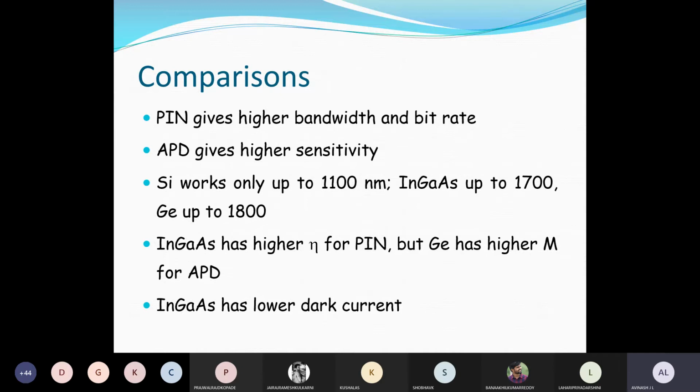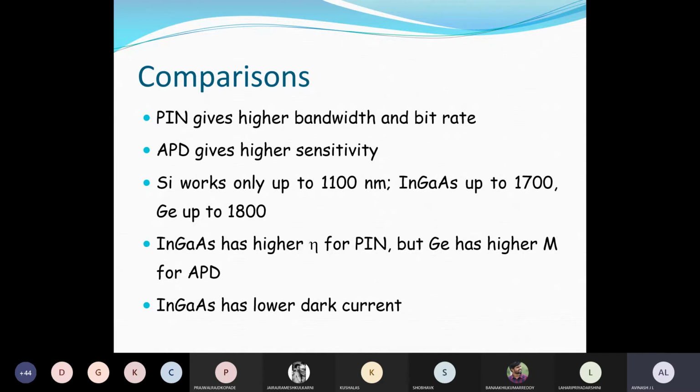So with respect to the comparisons, we can say that PIN gives higher bandwidth and higher bit rate, which indicates that avalanche will give a lesser bit rate. The avalanche photodiode gives higher sensitivity. That means the PIN diode gives a lesser sensitivity.